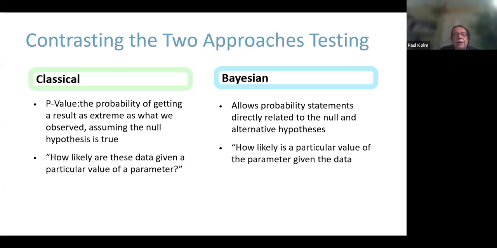In other words, how likely is a particular value of the parameter given the data? Remember again that from the Bayesian perspective, the data is fixed and the parameters you're estimating are random. Classical is just the opposite. The parameter is fixed, the data is random.